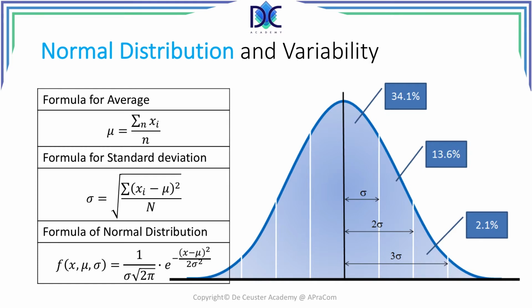The normal distribution is defined by two parameters. The first parameter is the average. The average is calculated by adding all the measurements and divide them by the number of measurements taken. The normal distribution is a symmetric distribution, and the second parameter, which defines the normal distribution, is the standard deviation.